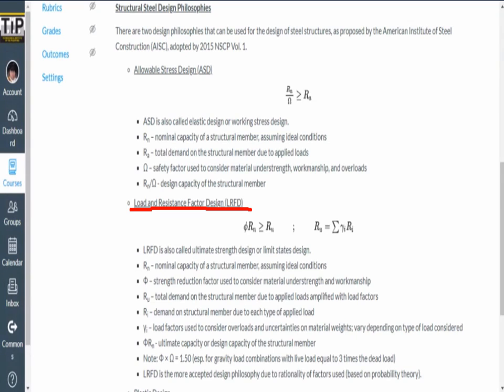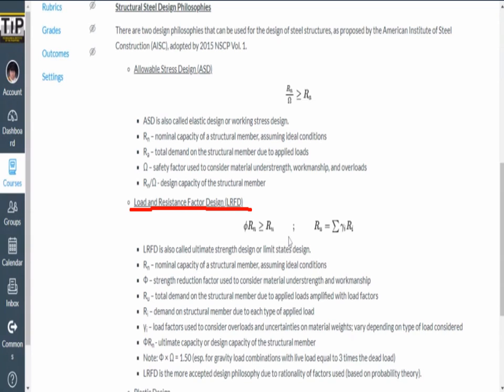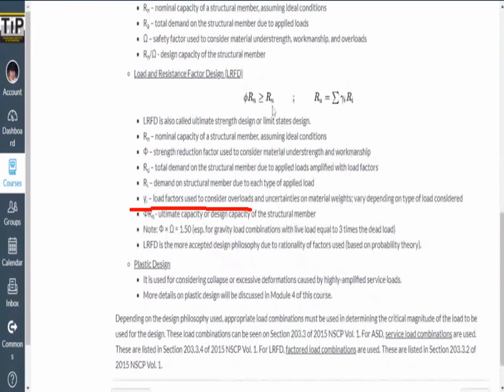Or more normally, we also call this the limit states design. So the demand capacity expression would be this one. This one is the capacity and this one is the demand due to loads.